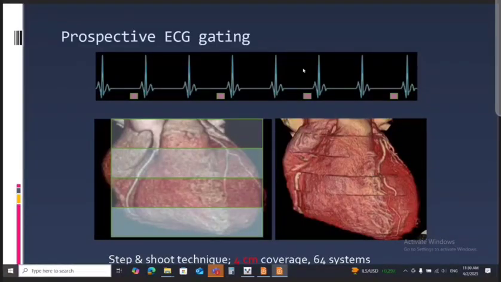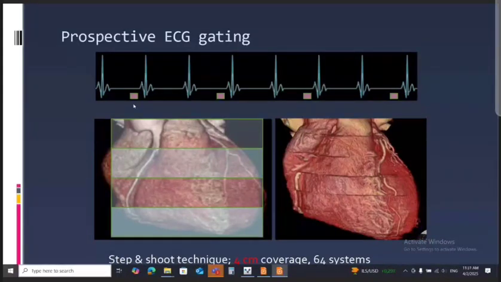In cases of prospective imaging, the heart rate should be extremely regular because the acquisition occurs over multiple cycles. The acquisition here is in the form of scan and scan.